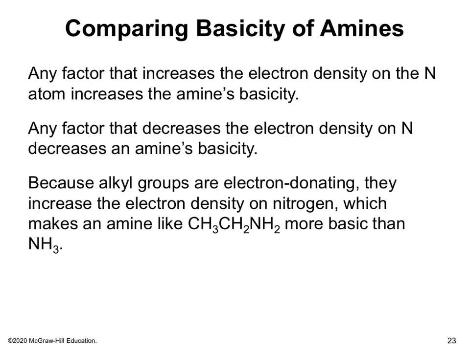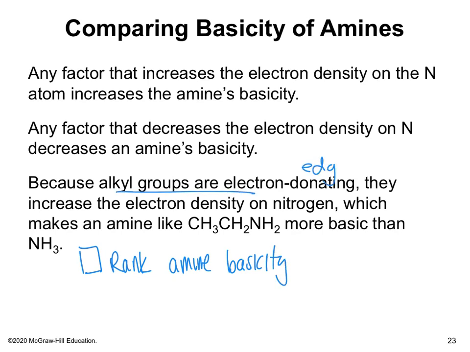Okay, we're also going to be able to rank different amines based on their basicity. So we want to look at that. Alkyl groups are electron donating groups. So let's think about this real quick. If you have electron donating groups, those electrons are pushing towards the nitrogen, which makes the lone pair, that's the lone pair that's going to be the basic part that's going to go after the proton, right?